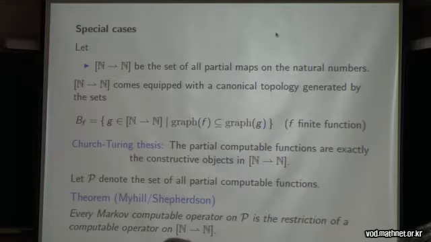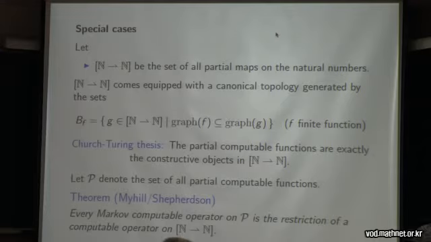Now, what are the constructive objects? The Church-Turing thesis tells us that the partial computable functions, as we deal with them in theoretical computer science, are exactly the constructive objects in this space with respect to this topology. Now let P denote the set of all partial computable functions.